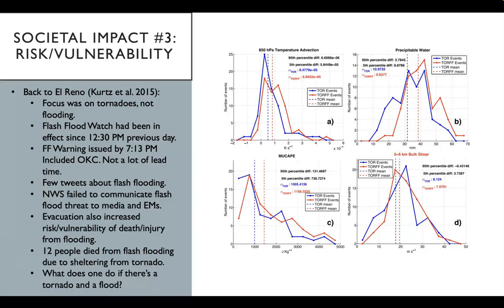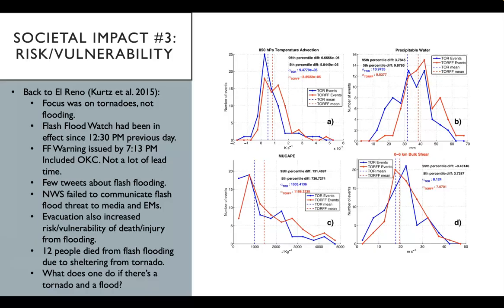for those events. Now, going back to El Reno, the main thing to take away from this slide was that the focus was on tornadoes, not flooding, even though there was a flash flood watch in place the day before and a flash flood warning issued at 7:15 that night. There were a few tweets about flash flooding, but not that many.